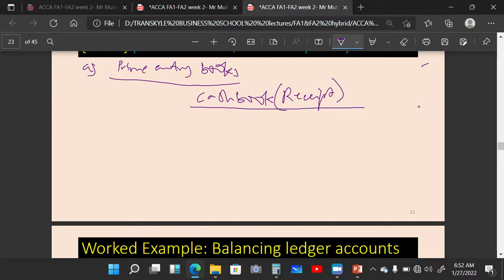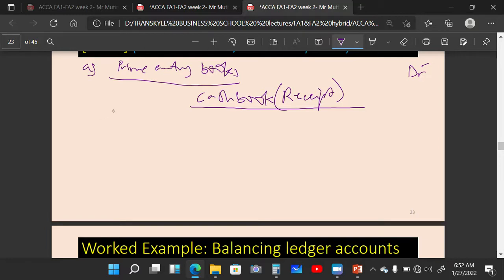The receipt side of the cash book. The cash book has both the debit and the credit side. The receipt side is the debit side, because we are receiving cash in this case, so we're going to start with the receipt side.